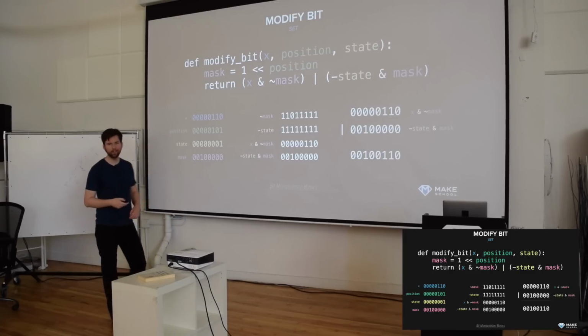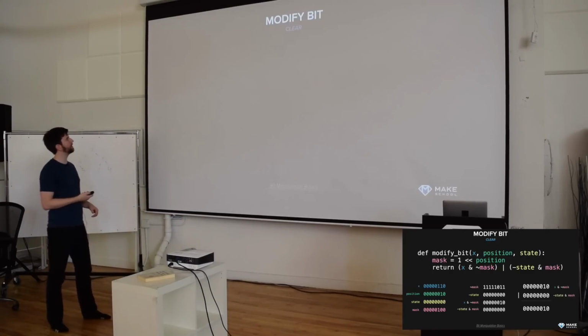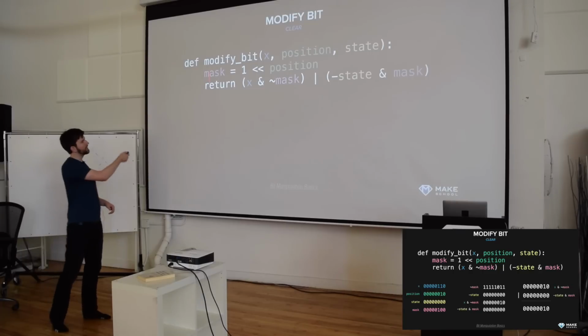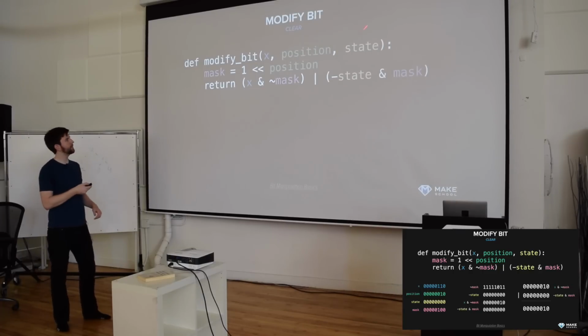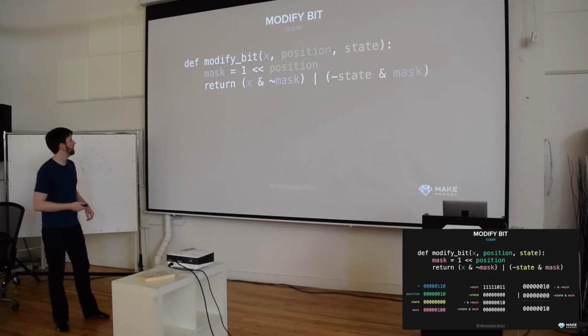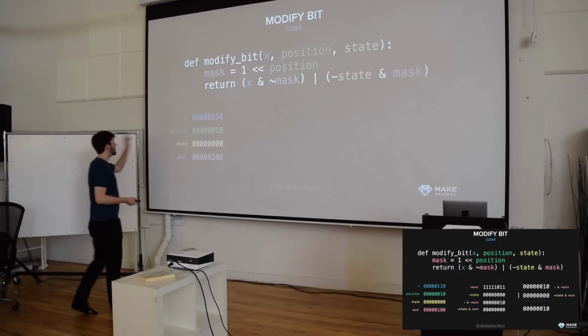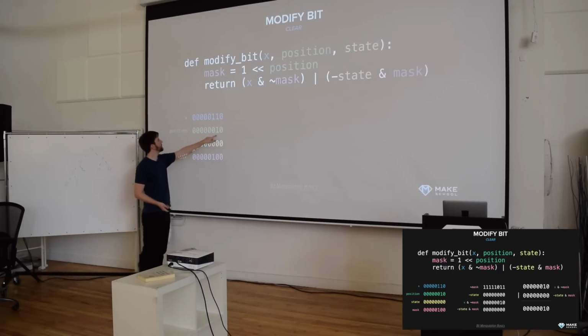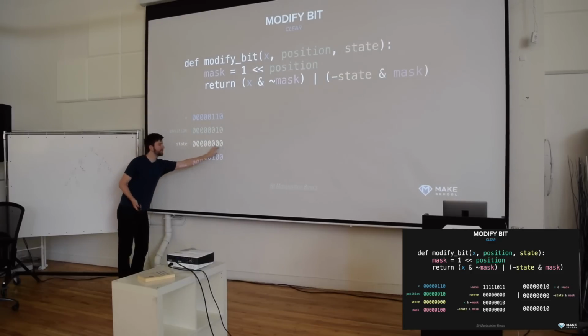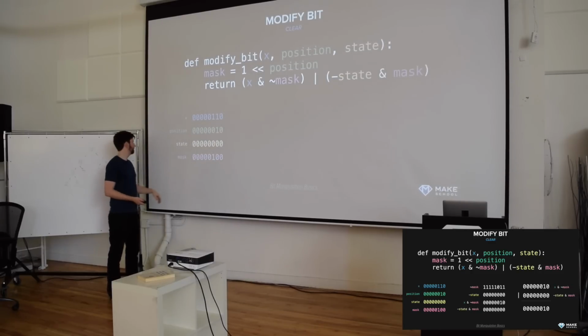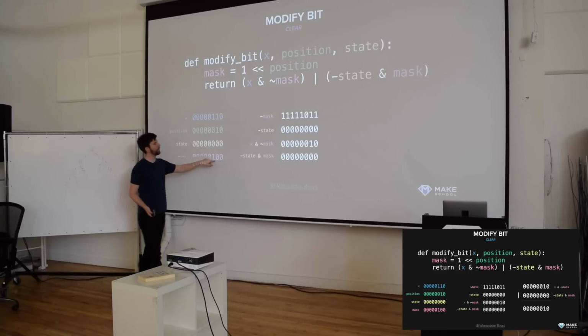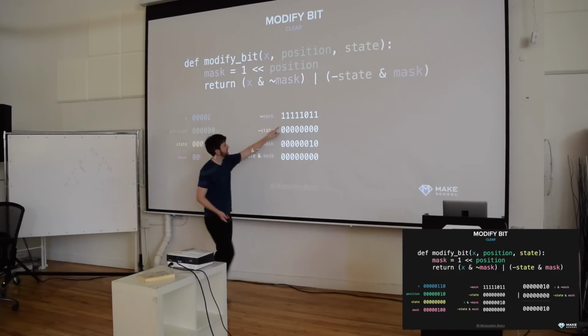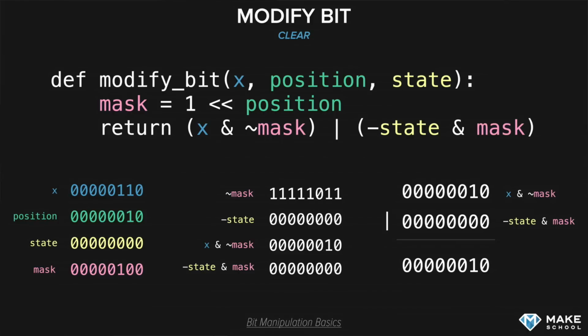Let's look at the same thing, but instead we want to clear a bit. So it's the same exact method, just a different parameter for state. So here's X. We want to clear the bit at position 2, so this bit right here. State is 0, so that 0 means clear. And here's our mask that we constructed. So not mask looks like that. That's cool. Negative state.